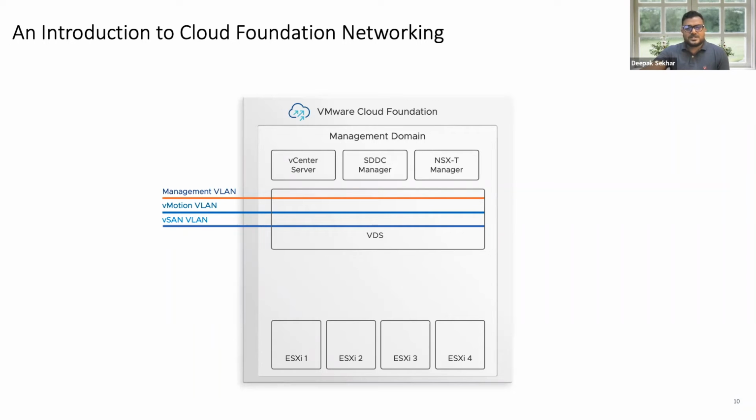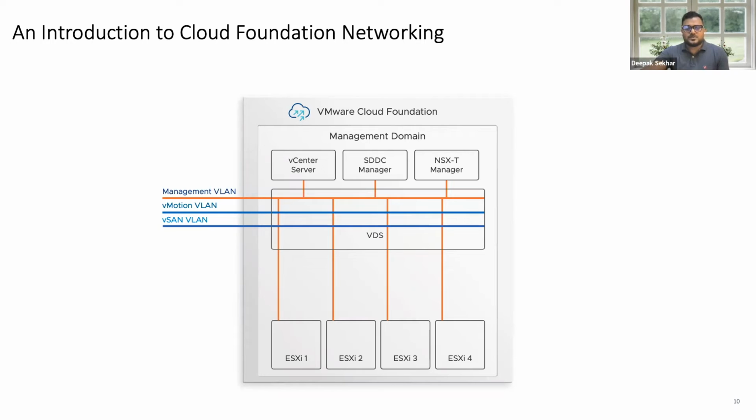These 3 networks comprise VLANs for management, vMotion, and vSAN, and are configured following VMware best practices. The ESXi host management IP address and the core management components of the platform, including the vCenter server and SDDC Manager, are deployed to the management network.